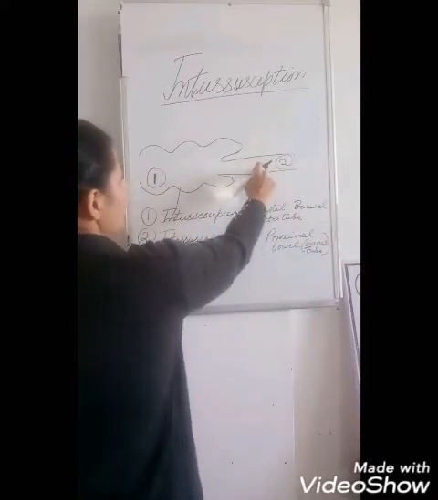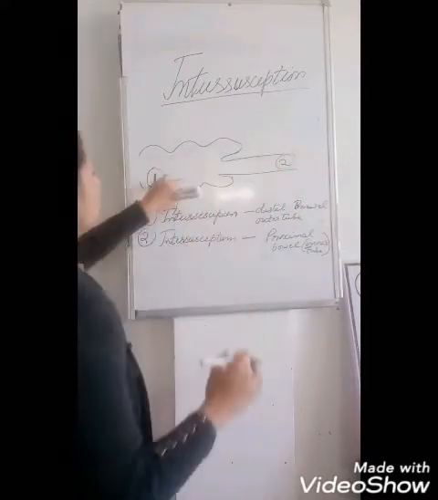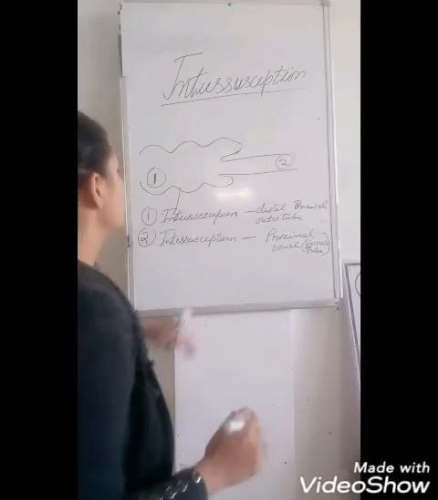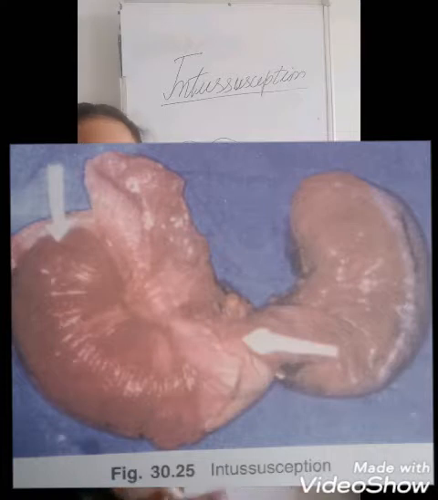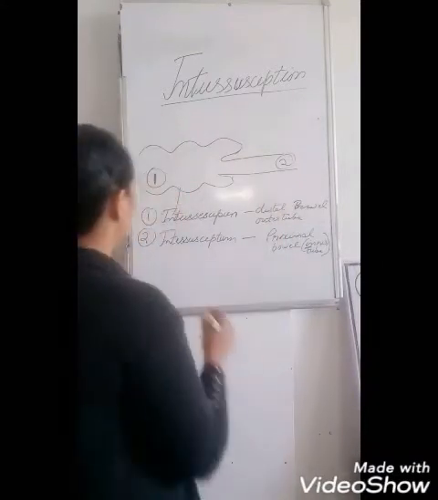So it is the inner tube which enters, and this is the outer tube which receives. This outer tube is intussusception, which is the distal bowel, and the tube which is getting inside is the proximal bowel.